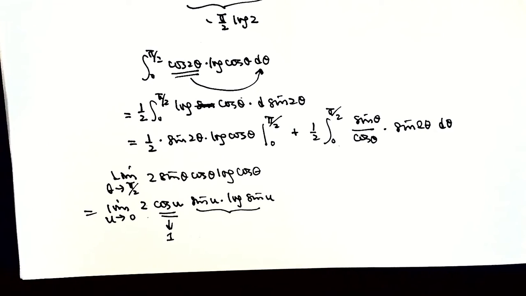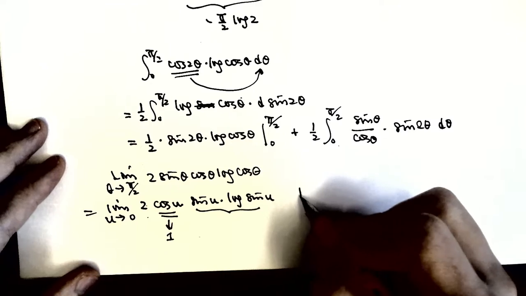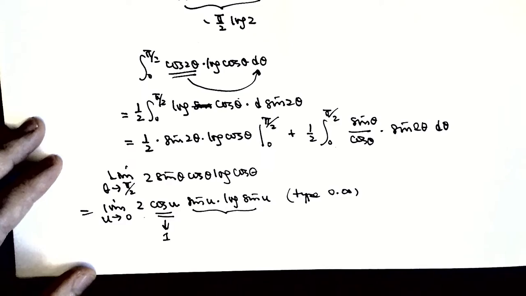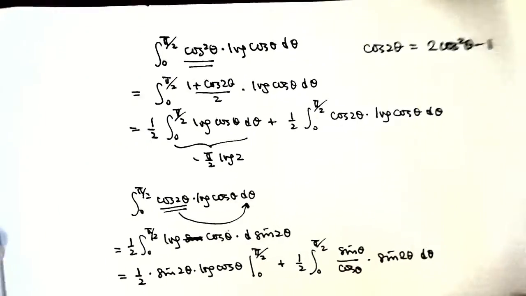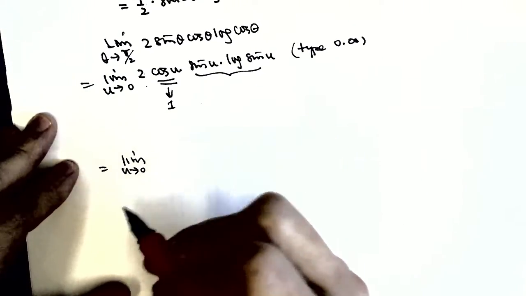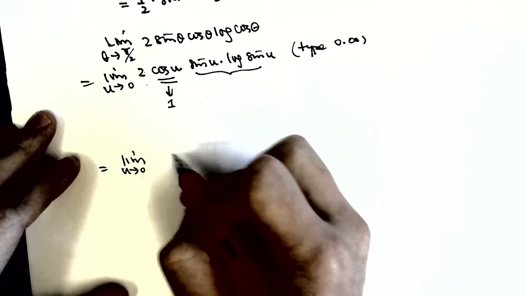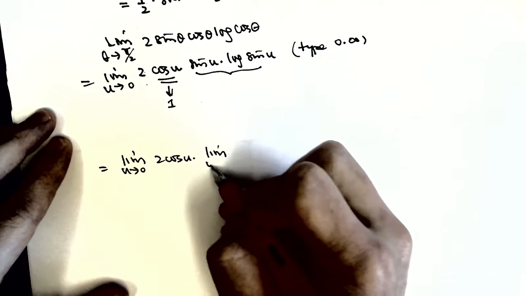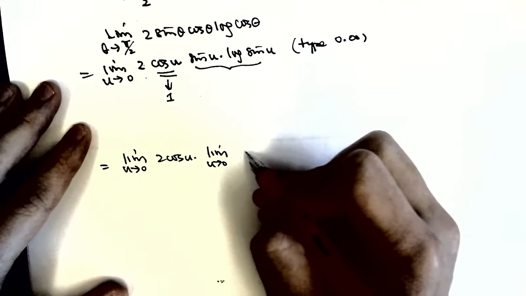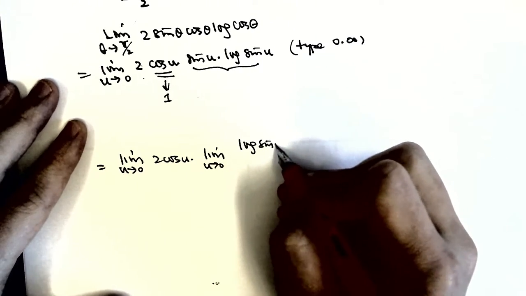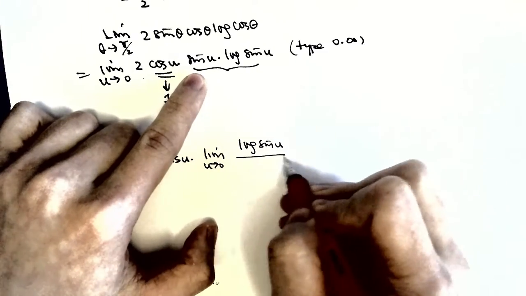We clearly will use L'Hospital's rule, since this is a 0 times infinity indeterminate form, so we will change it into 0 over 0 or infinity over infinity. We first split the limit into two parts so that we can perform L'Hospital's rule. Now we change sine u into 1 over sine u.